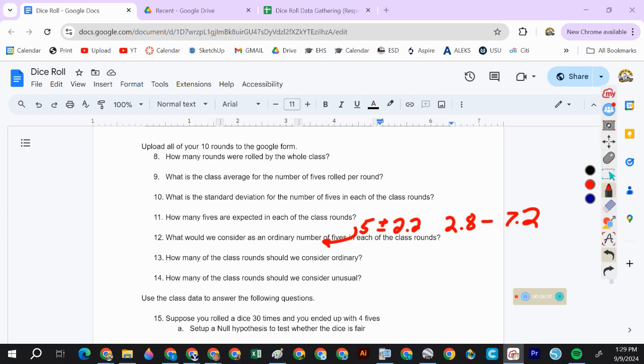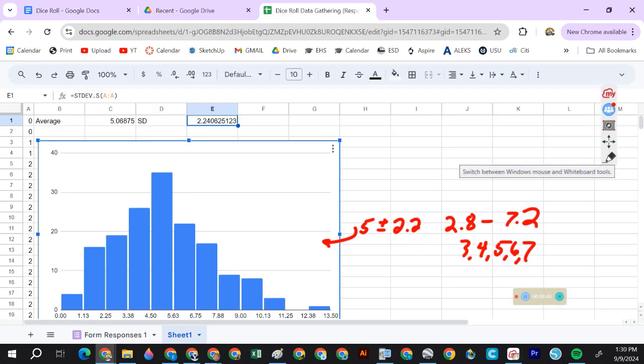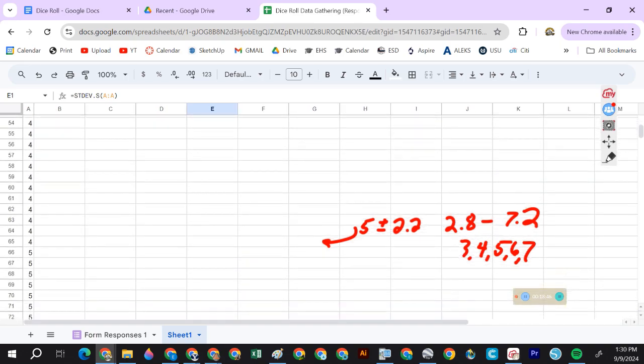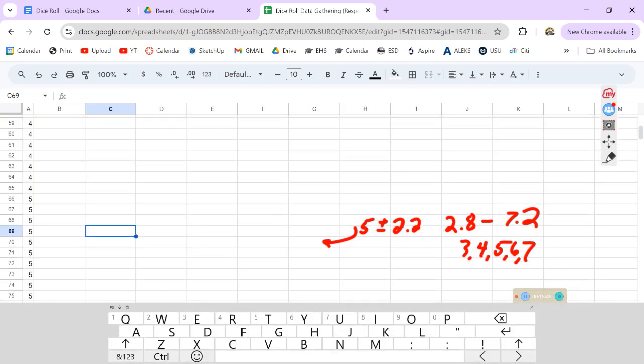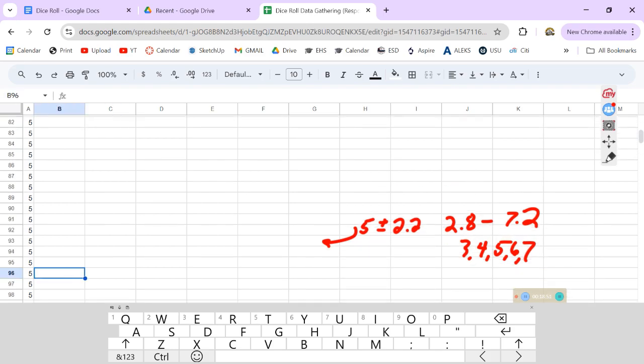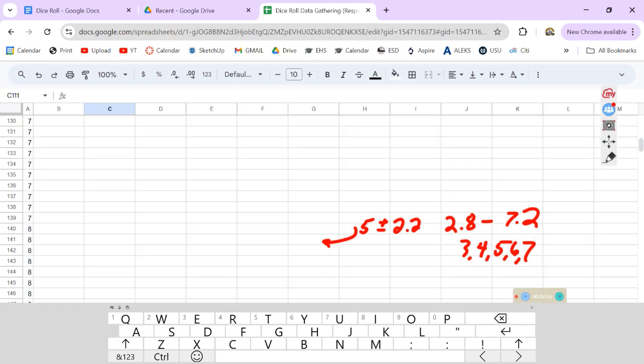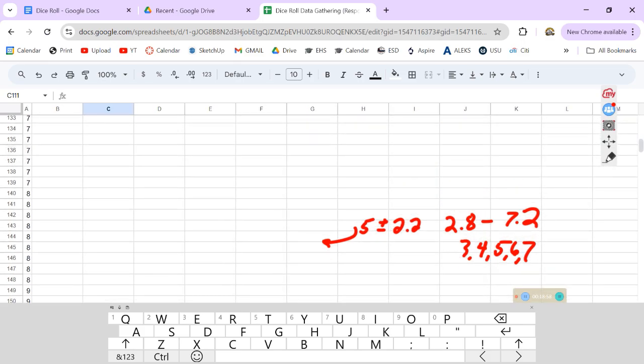So, how many of the class counts should we consider as ordinary? So that's going to be 3s, 4s, 5s, 6s, and 7s. So let's go here. The 3s start at 21, and the 7s end at 139, so that's 118.